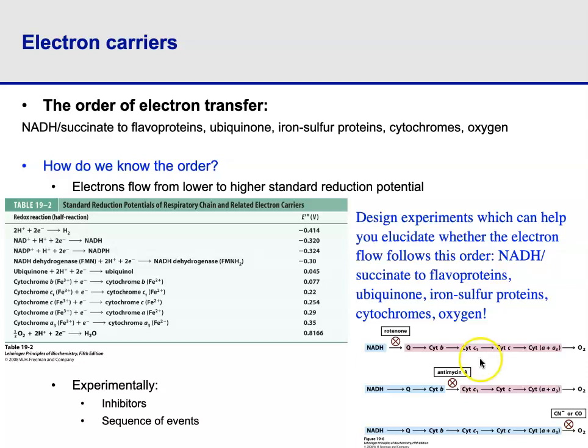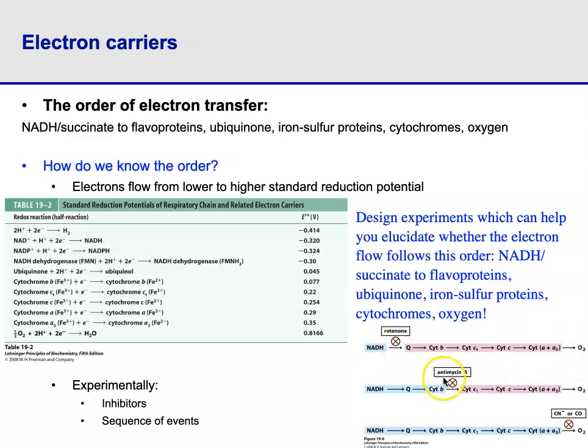And then by use of different inhibitors, you can try to determine the sequence of events. For example, if you block the transfer of the electron carrying pathway between NADH and Q, none of these other following members of the electron carrying pathway would be reduced and oxygen will remain.